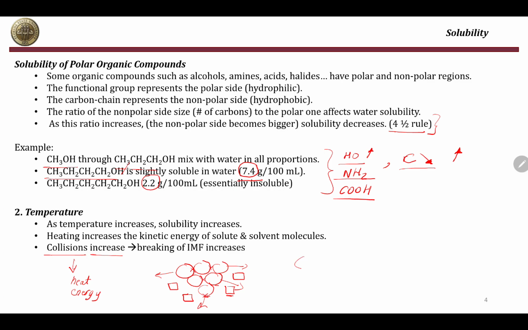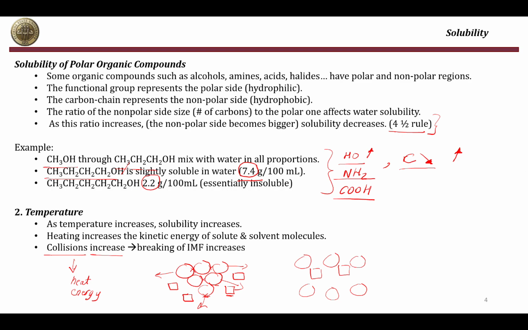So upon heating, the intermolecular forces between the solvent molecules will start to decrease, and that's why the solute molecules can now get in between, and that's how dissolving occurs.